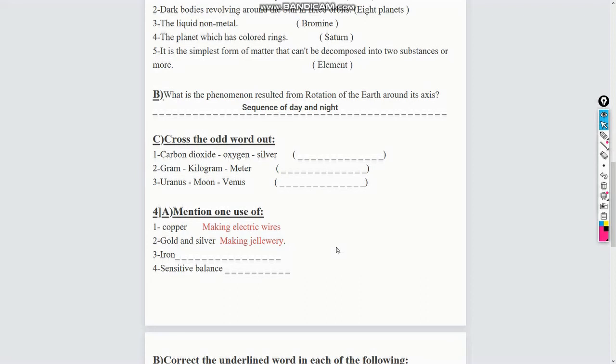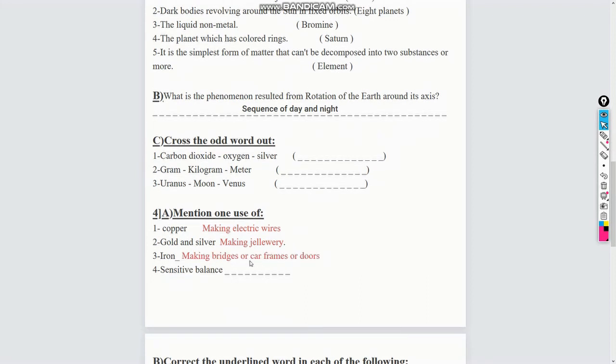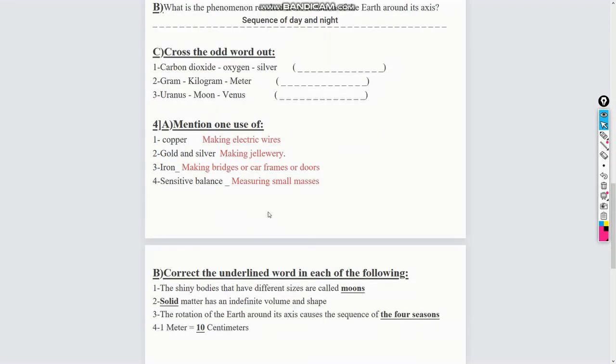Pick one of them. Making bridges or car frames or doors. Choose any of them. All of them are correct. Fourth, sensitive balance. Sensitive balance is used for, yes, it's used for measuring small masses.